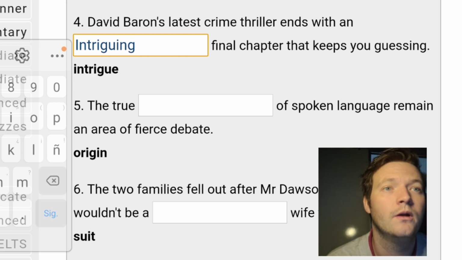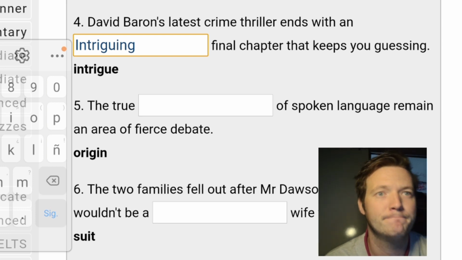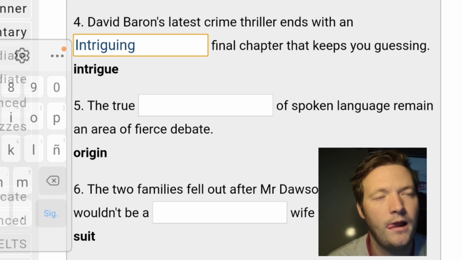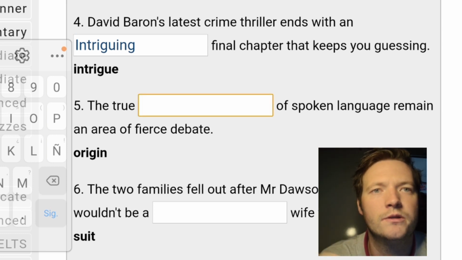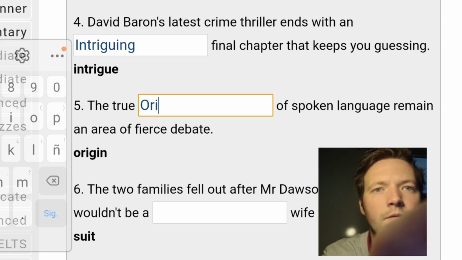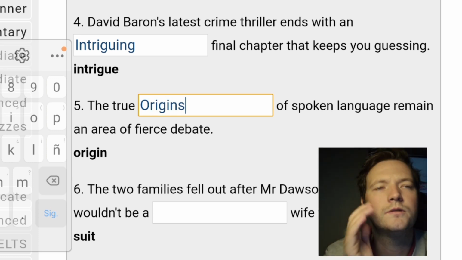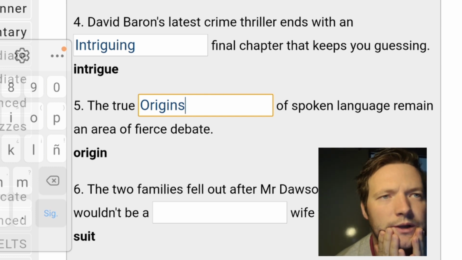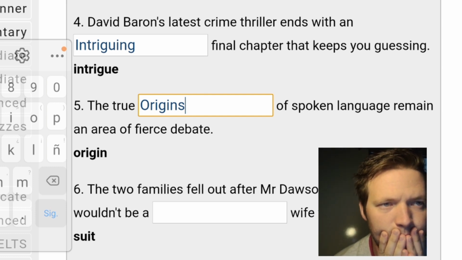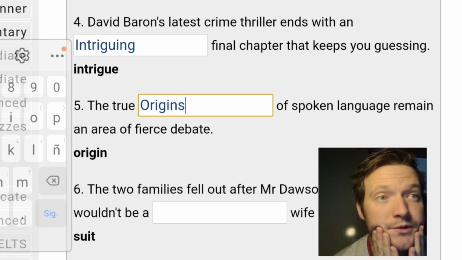The true origins, I think, is the only thing we have to change there. The true origins, just because that's what you would say. The origins of spoken language remain an area of fierce debate.